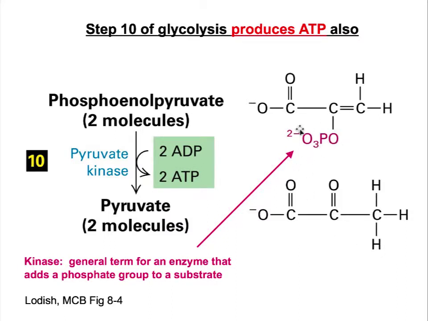And you can see the substrate here for this enzyme, pyruvate kinase, has a phosphate group, but pyruvate does not. And based on what we just learned in the previous slides, we can imagine what happens. The removal of this phosphate group releases a lot of energy, enough to charge ADP with a phosphate.